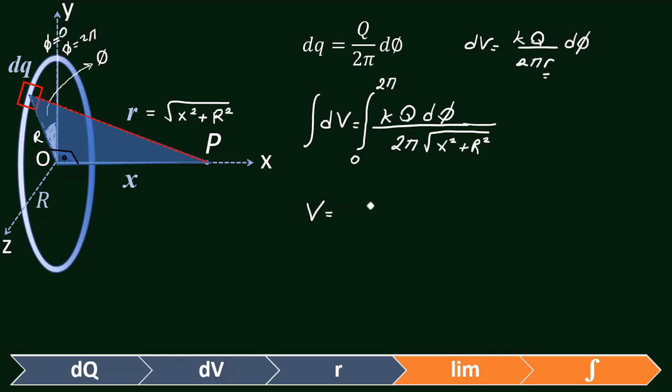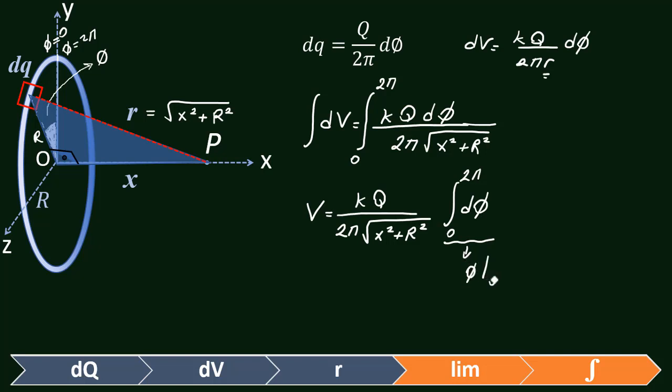So V is kQ over, these are all the constants in the integral, 2 pi square root of x squared plus R squared, integral d phi from 0 to 2 pi. Integral of d phi is just phi from 0 to 2 pi, which is 2 pi.